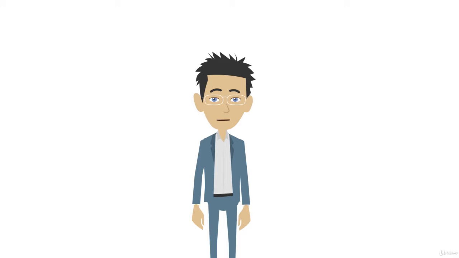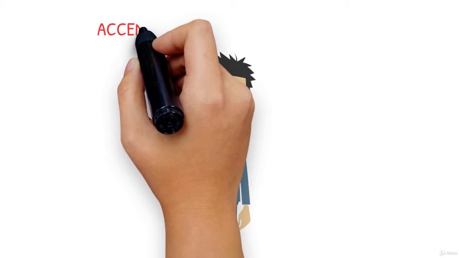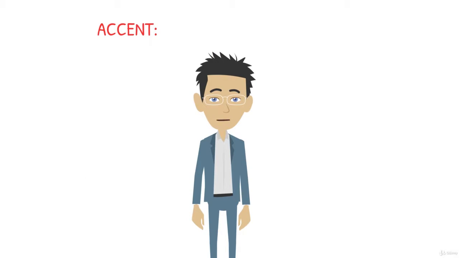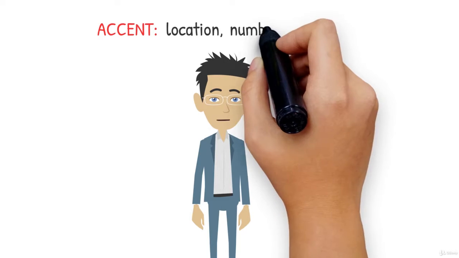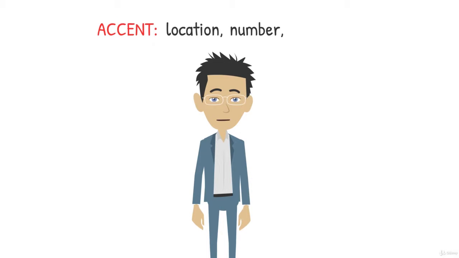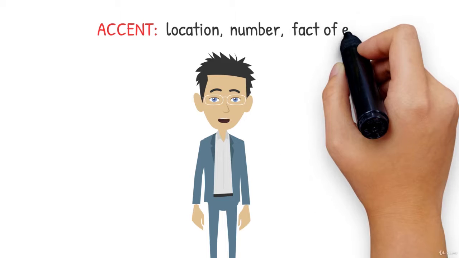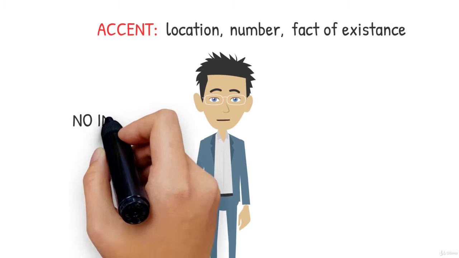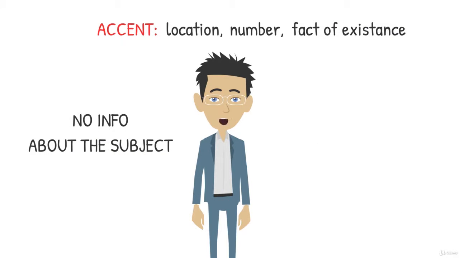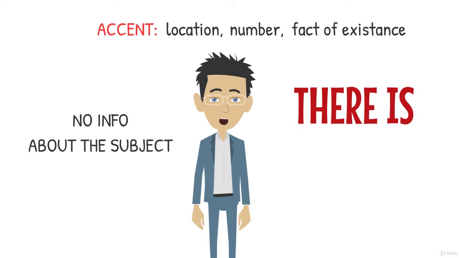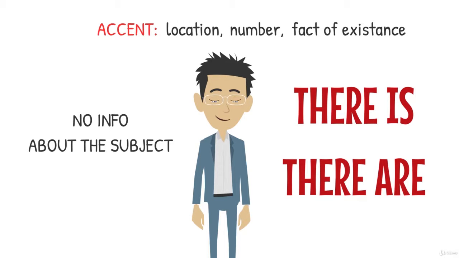What if our accent is not on the subject itself, but on its location, number, or the fact that it exists, without giving any additional information about the subject? In this case, we use the phrase there is or there are.